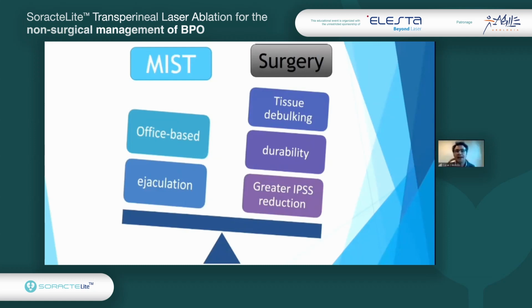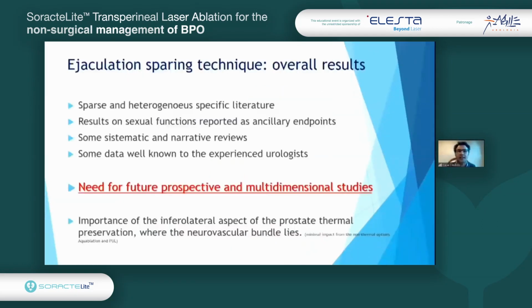Of course, the balance between minimally invasive or micro-invasive techniques and surgery should depend on the needs of the patient. If we need tissue debulking, durability, and greater symptom control, we move towards surgery. But more and more every day in our consultations, we see patients asking for office-based, ejaculation-preserving techniques.